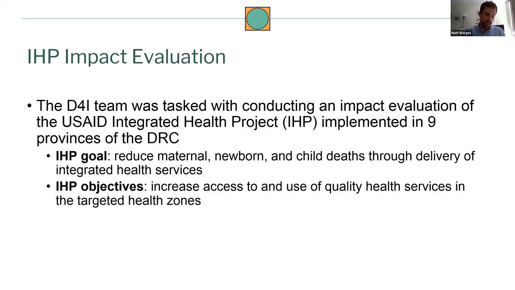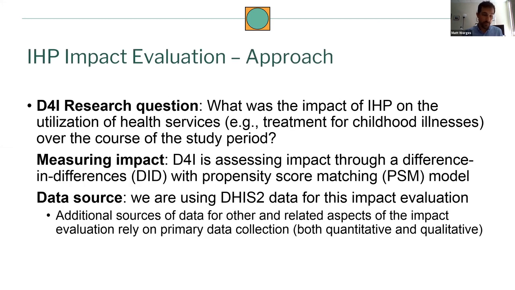So this project aims to reduce maternal, newborn, and child deaths through delivery of integrated health services. And the primary objectives of the IHP are to increase access to and use of health services in the health zones targeted for action. So as part of our evaluation, D4I posed the following research question.